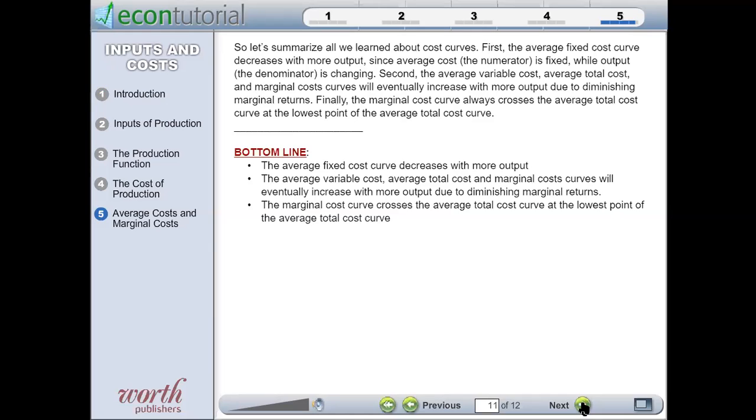So with that, I would end this lecture. Go and review what the production process is, what the inputs are, what the production function is, what the variable and fixed factors in the production function are, what the law of diminishing marginal returns is, and how we actually come up with the productivity curve.